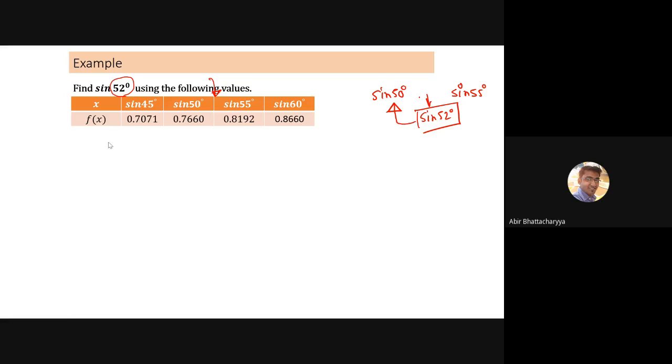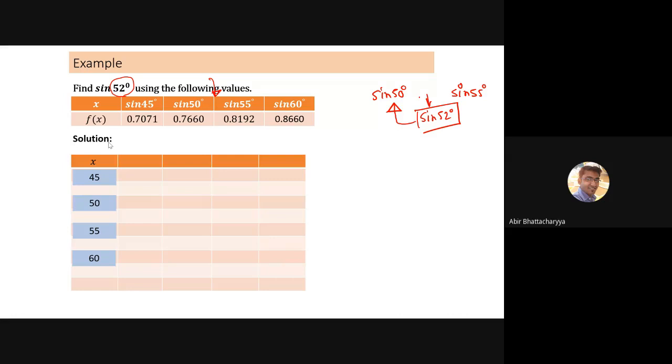So what is your x here? Let's go for it. I'm not taking sine 45 degrees as x. This is actually wrong, we cannot write it like this.